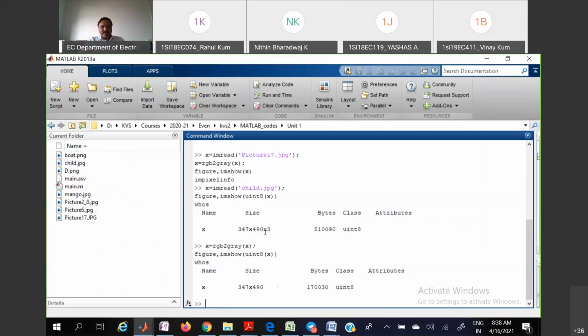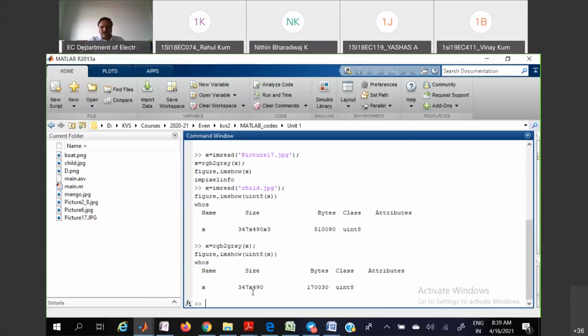That into 3 is missing because now the color information is gone. It is only a gray image. Observe that the requirement is 1/3. This is so many bytes and this is so many bytes, so this into 3 will give me this. Obviously the calculation is simple. If you process a color image, the data size will be very high. I'm talking about only one frame. Please remember this. This is for one frame.